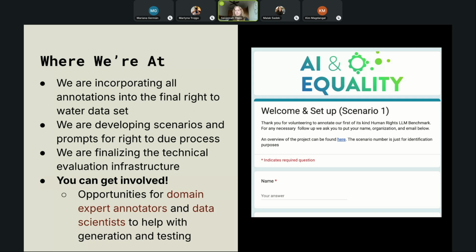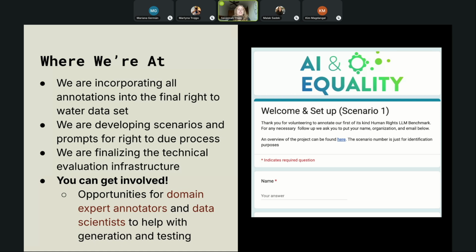We're talking to a lot of potential collaborators because obviously there are a lot of human rights laws beyond just right to water and due process. But as you can maybe glean from these slides, this is a fairly time-intensive process to generate these scenarios and prompts.